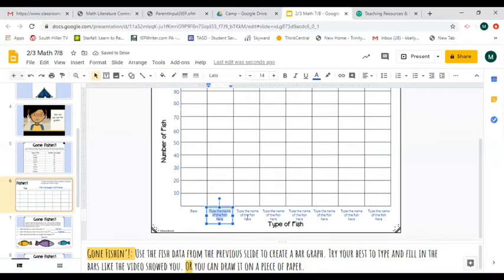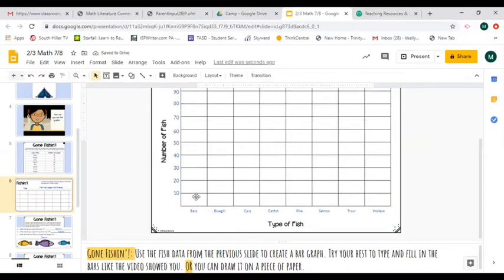Next, we have bluegill, carp, catfish, pike, salmon, trout, and last we have walleye.